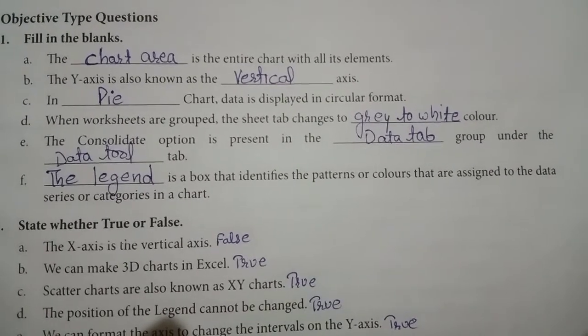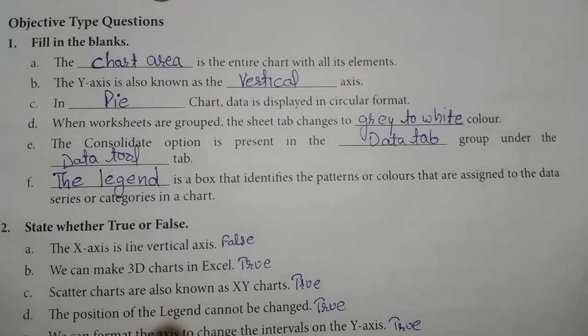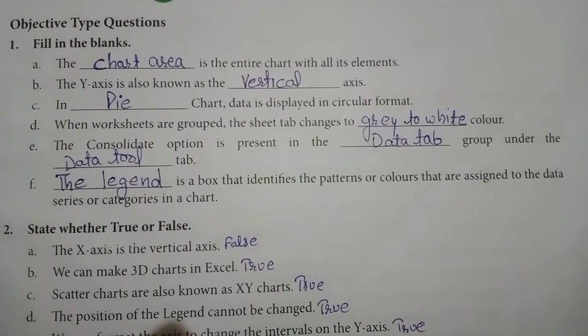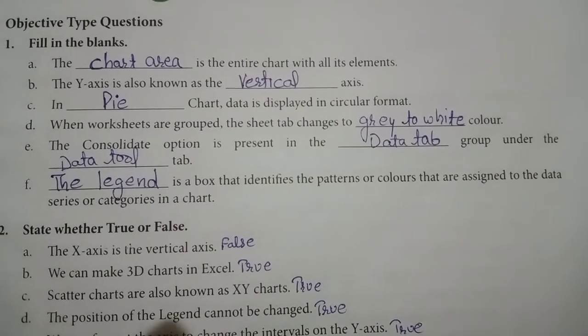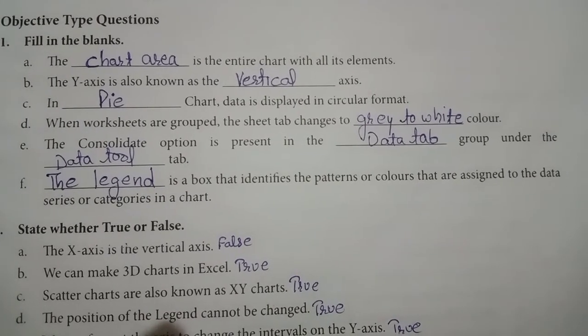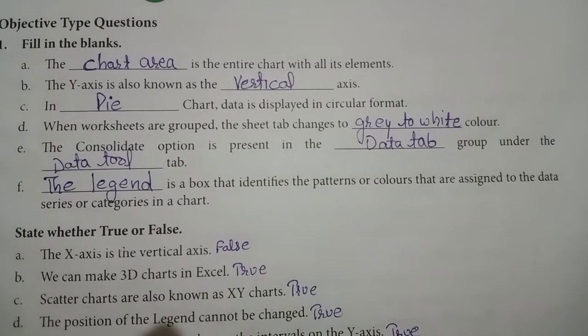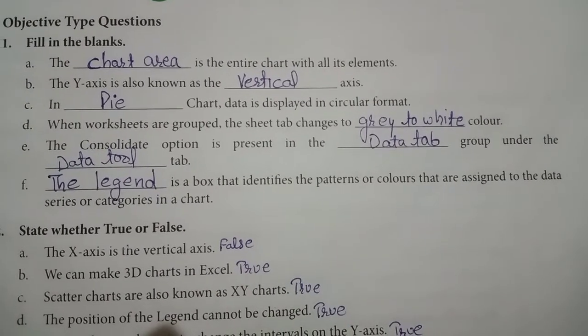Then the y-axis is also known as vertical axis. Students, very important. And then C: in pie chart, data is displayed in circular format. D: when worksheets are grouped, the sheet tab changes from gray to white color.